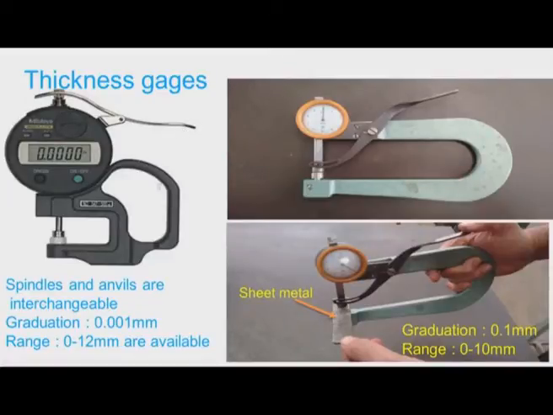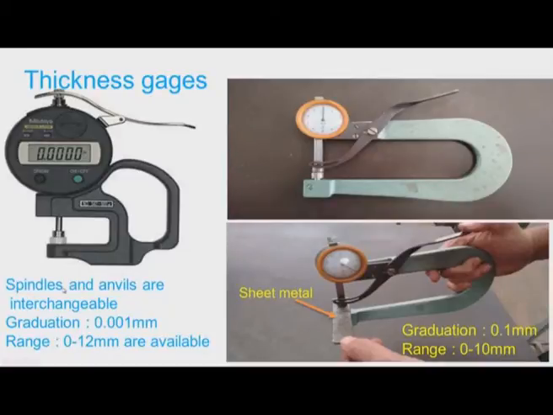We hold this instrument, and using our thumb we pull this so that the plunger moves up, and then we insert the workpiece here, release this lever, and the reading can be directly taken.